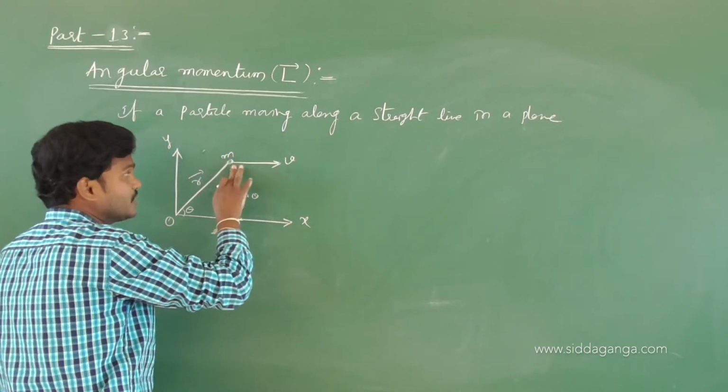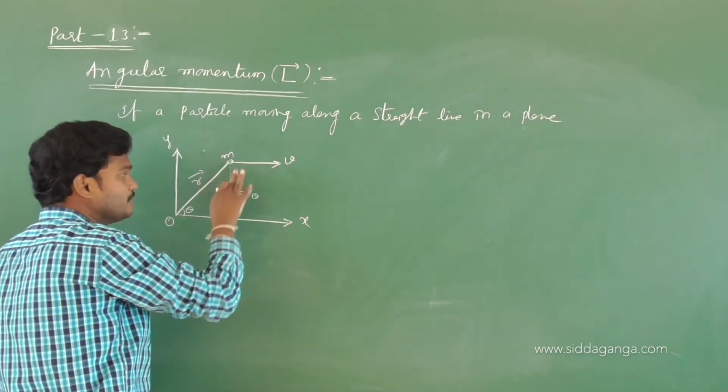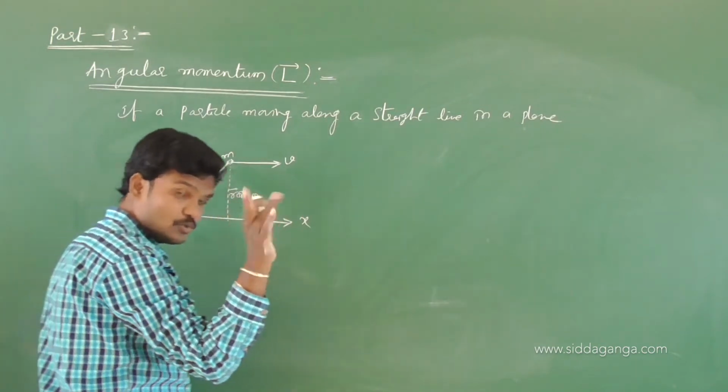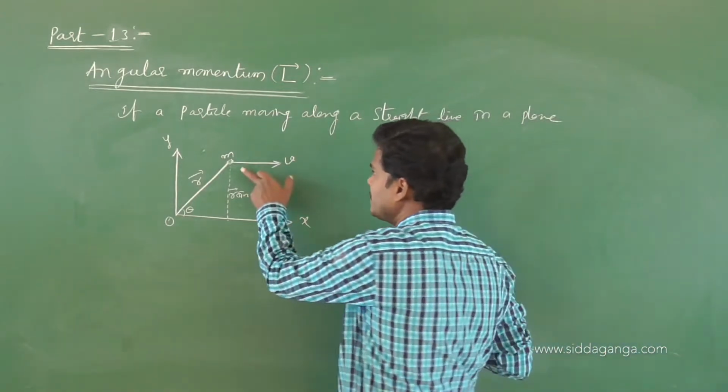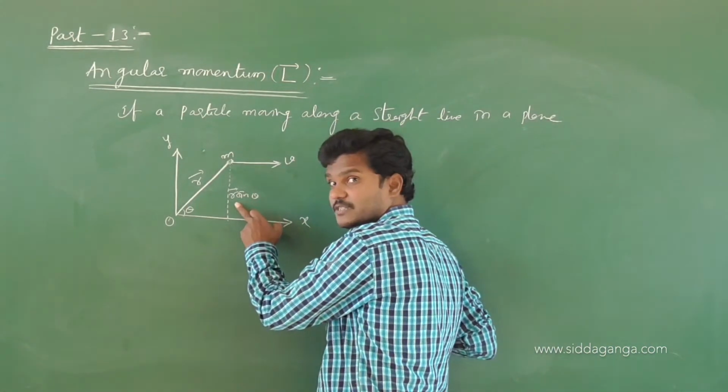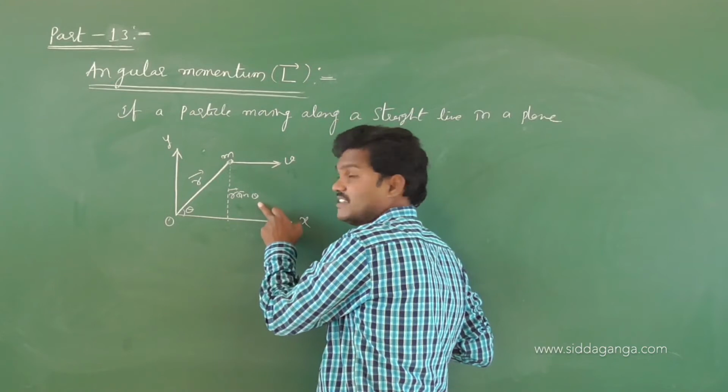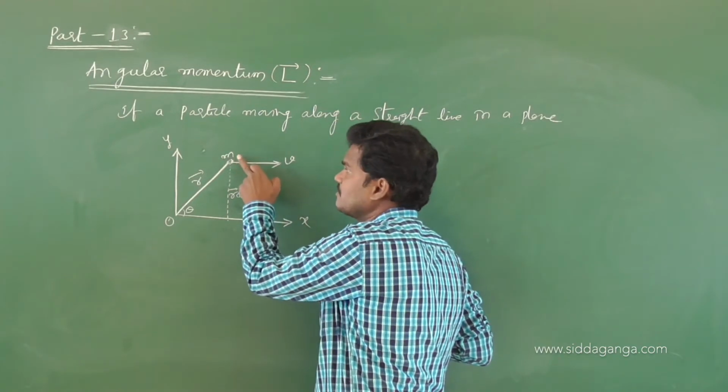Here is the linear momentum and the perpendicular distance. Earlier we knew force into perpendicular distance is called torque. Here it is linear momentum into perpendicular distance. What is the perpendicular distance? r sin theta. What is the linear momentum? mv.